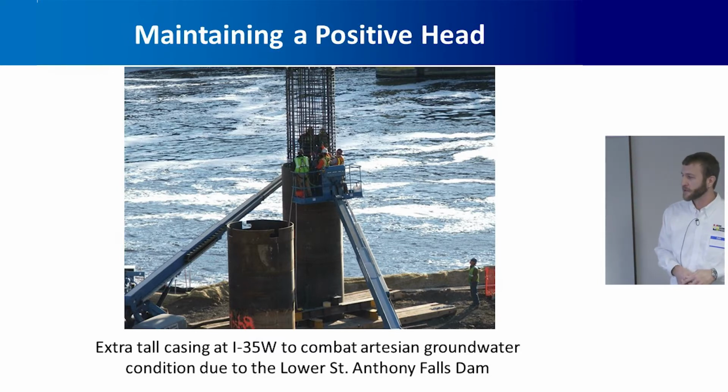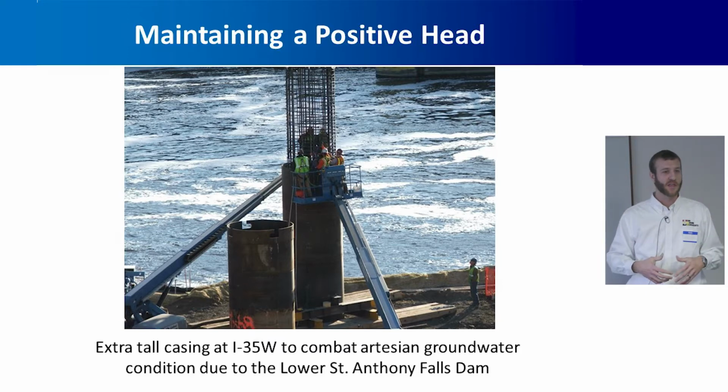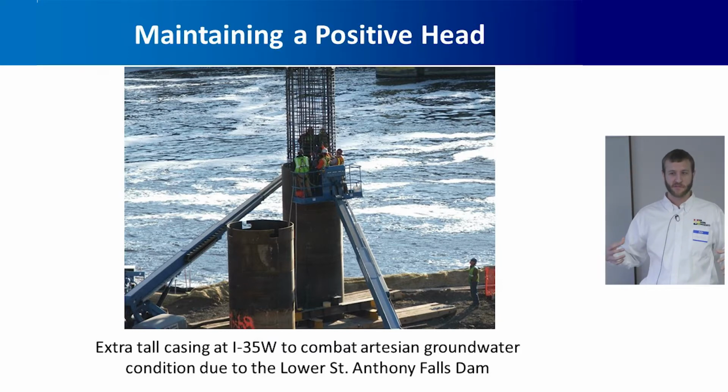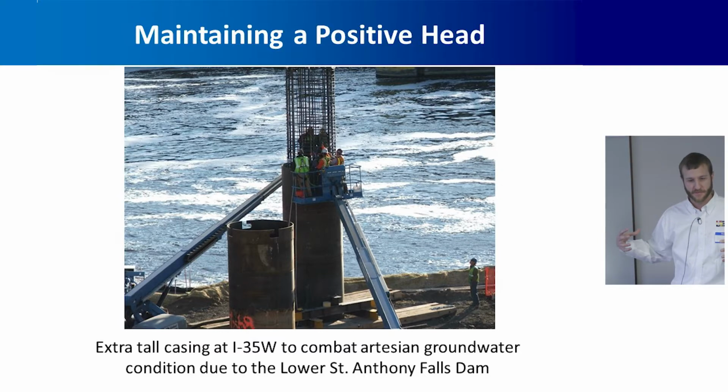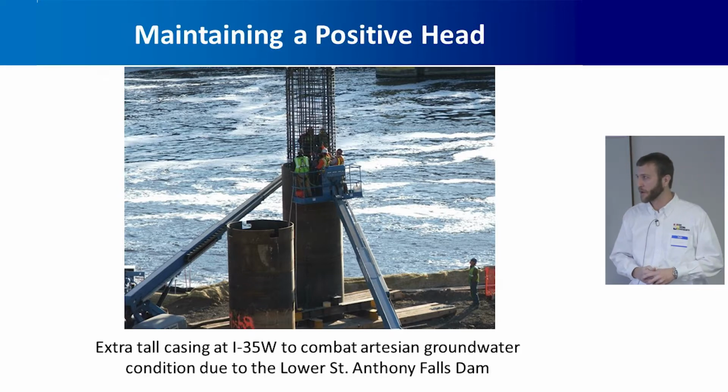Another scenario is artesian pressure. In other words, the groundwater pressure is enough that it wants to push water up above the surface or the working level. So this is at the I-35W project, and because there's a dam just upstream, there's artesian ground pressure in the St. Peter sandstone there.